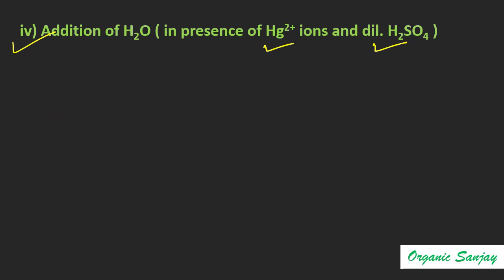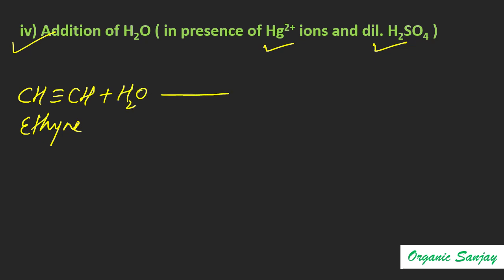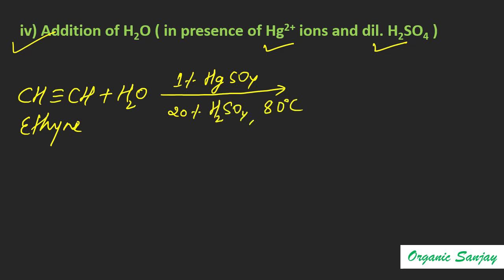Now let's see the chemical reaction. CH triple bond CH, so this is ethyne. I am starting with ethyne. When it is allowed to react with water, H2O, the reaction is carried out in the presence of mercuric ion, 1% HgSO4, and dilute H2SO4, 20% H2SO4, and the reaction mixture is slightly warm, 80 degrees Celsius.